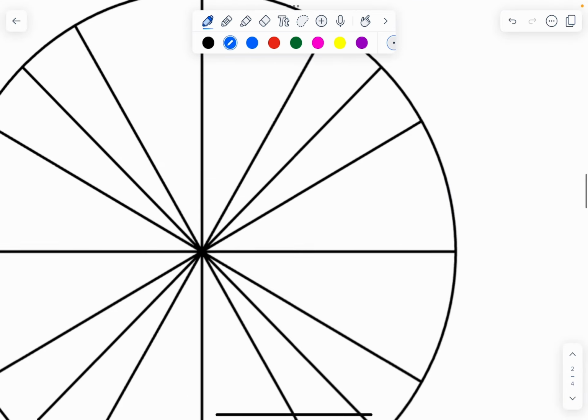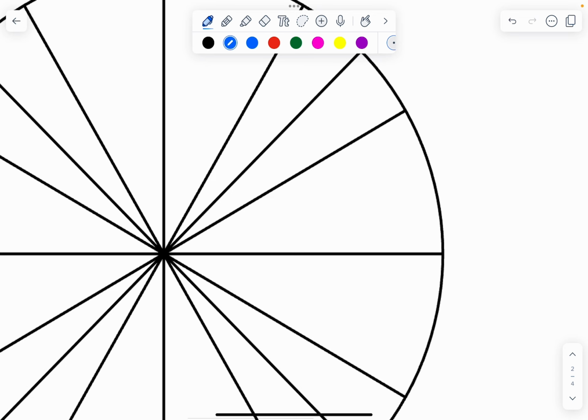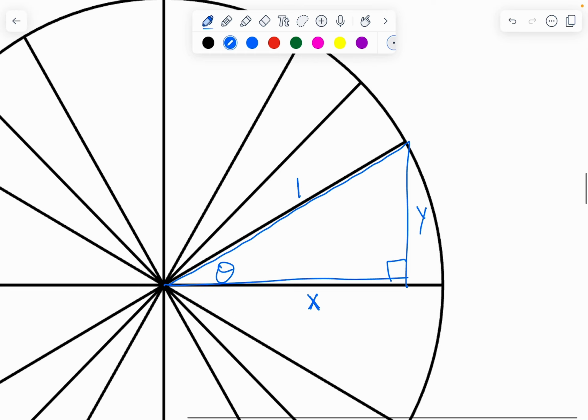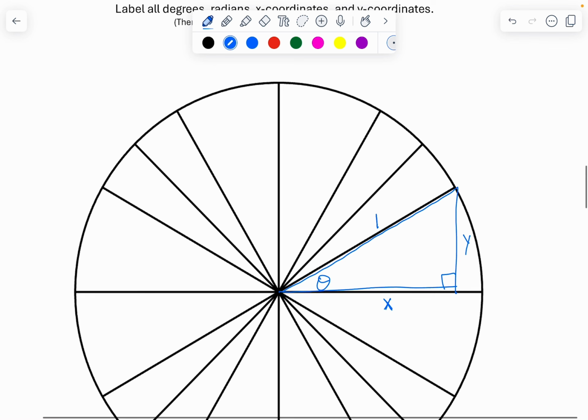Looking at this blank unit circle again, if I were to pick any random angle and look at this triangle, where this is my angle theta, in this case pi over 6 but it could be any angle on the whole circle, you'll remember that the radius is 1, this is the x-coordinate, and this is the y-coordinate. Now we want to think about some of our trig ratios.